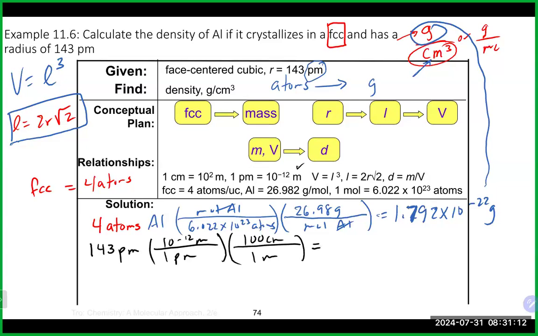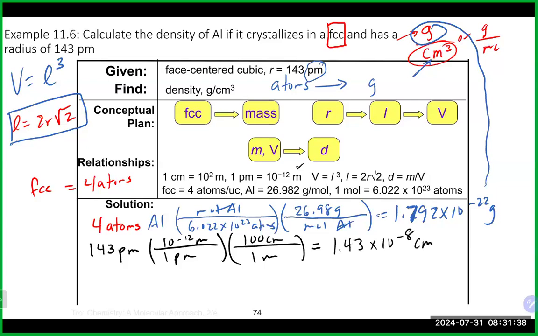So really, I'm just doing this to put my value into the right units so I don't have to remember to do it later. You obviously could do it later, but it's probably just easier to do it up front. And if I punched all that in correctly, I should end up with 1.43 times 10 to the minus 8 centimeters.